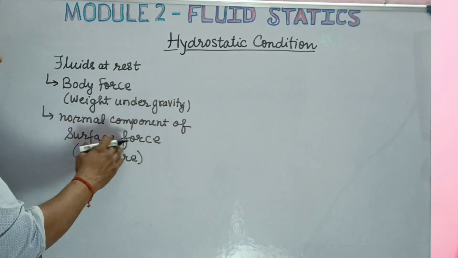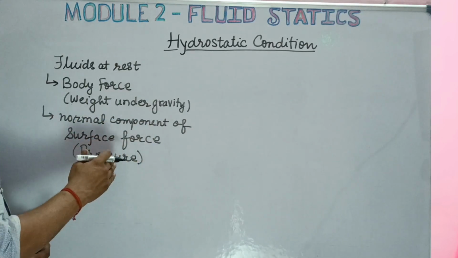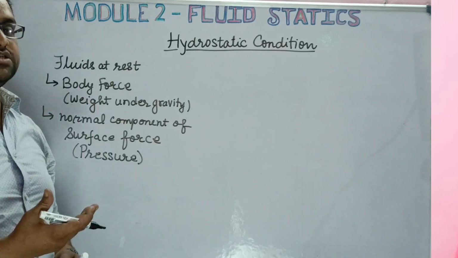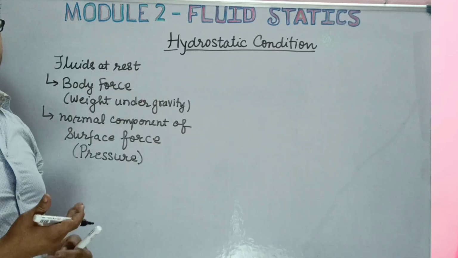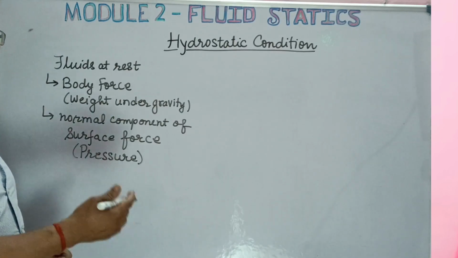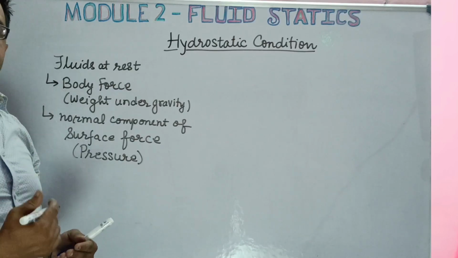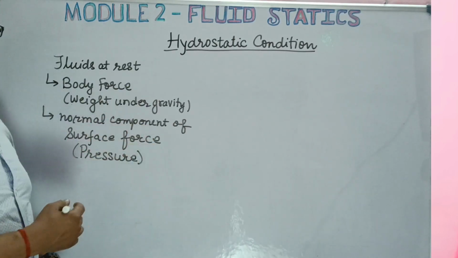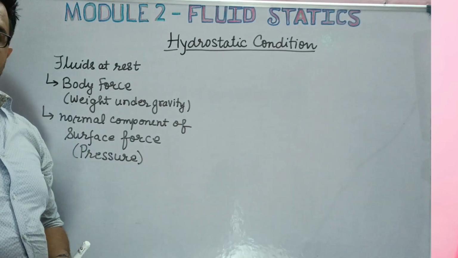The normal component of surface force is available to us because the necessary condition for a fluid to be at rest is the absence of shear stress or the absence of angular deformation. So the only surface force that is remaining to us is the normal component of the surface force, and this is known as pressure in case of fluids.